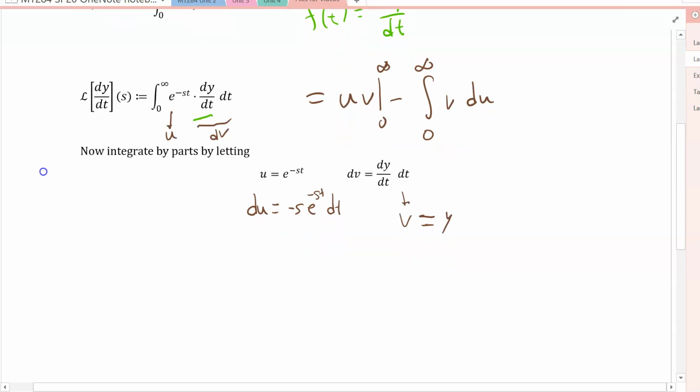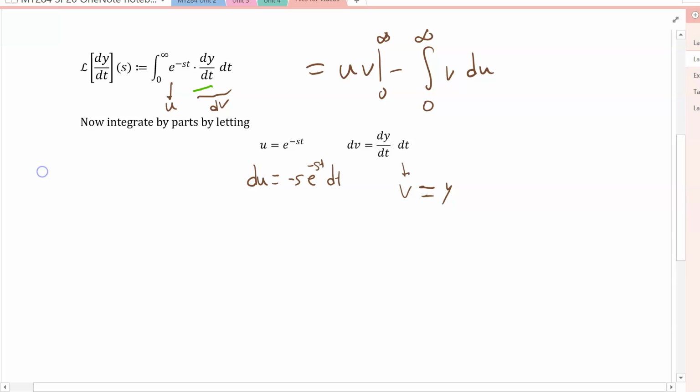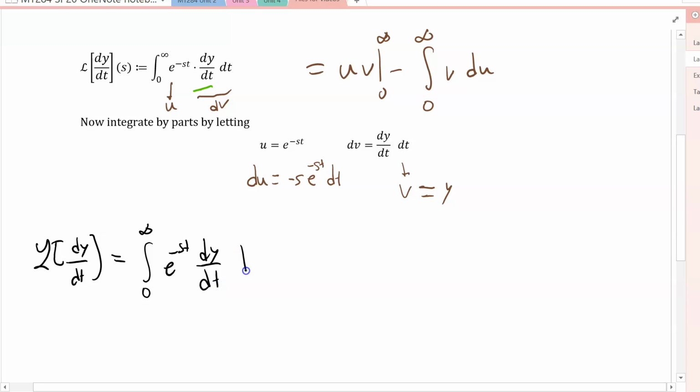Okay, so let's substitute that into this expression here. We have the Laplace transform of the first derivative, I'll leave off the dependence on s, is going to equal the integral from 0 to infinity of e to the negative st times dy dt.